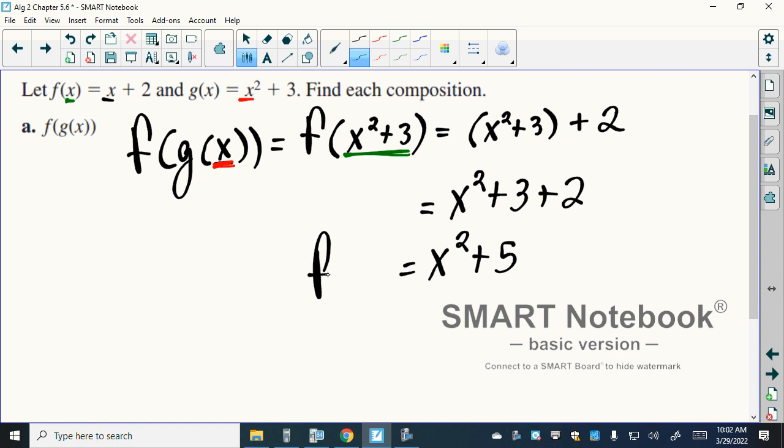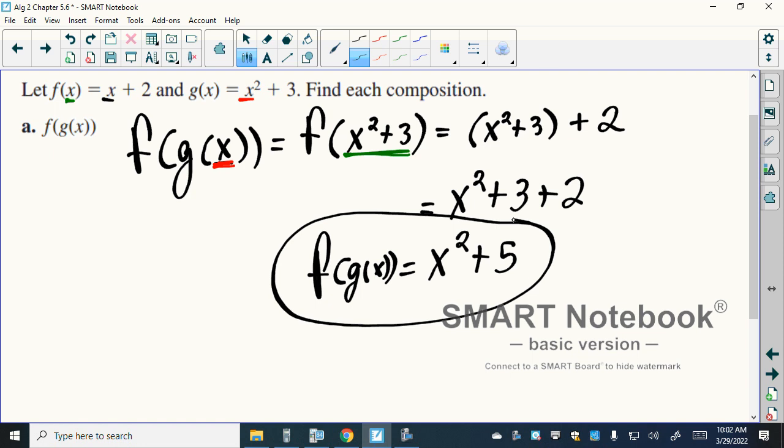So for us, f of g of x is x squared plus 5. And that's it. That's all we have to do for this composite function. Questions on this here?